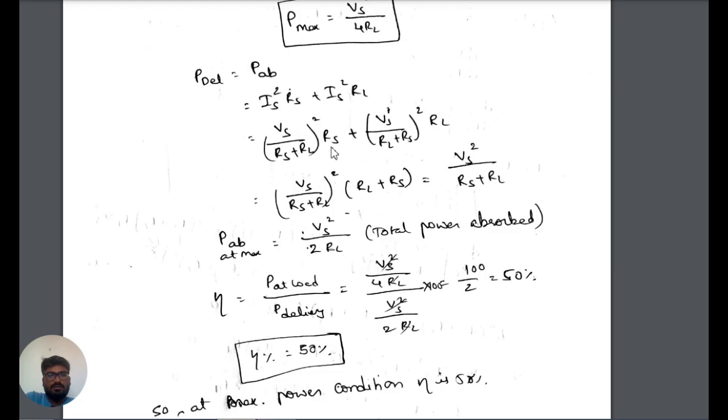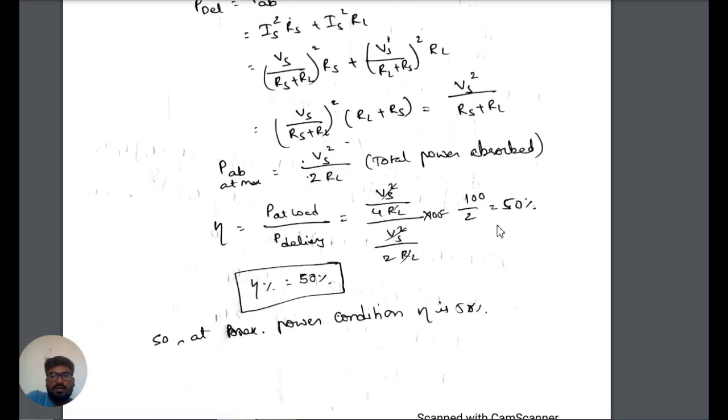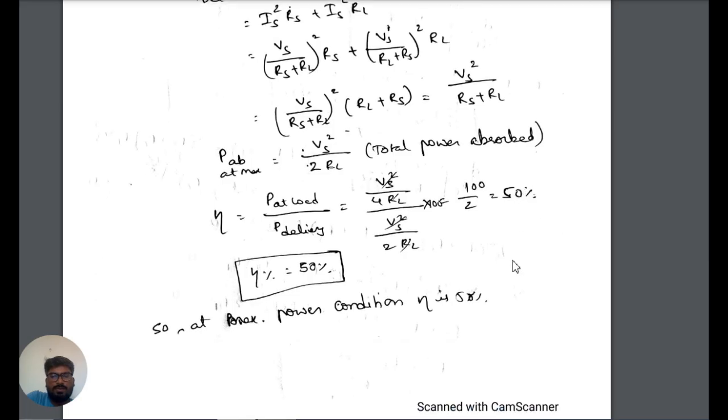Placing in all the values, the power delivered will be Vs squared by 2RL, since RL equals Rs for maximum power transfer. But the power absorbed by the load resistance is Vs squared by 4RL. So at the load, the efficiency of power absorbed is 50%.